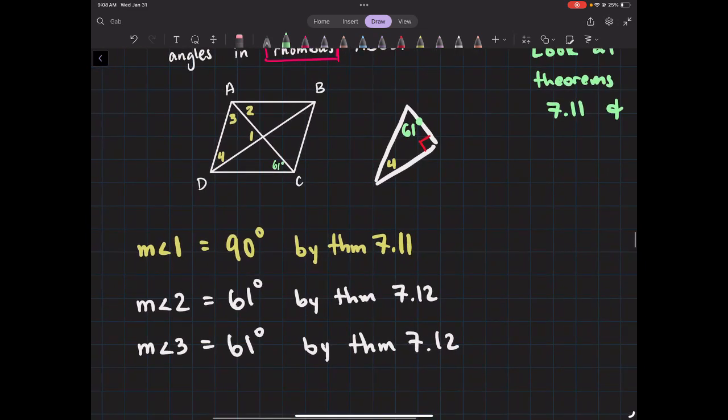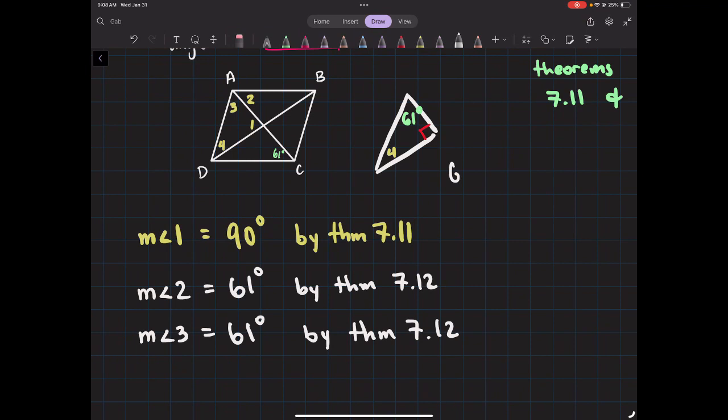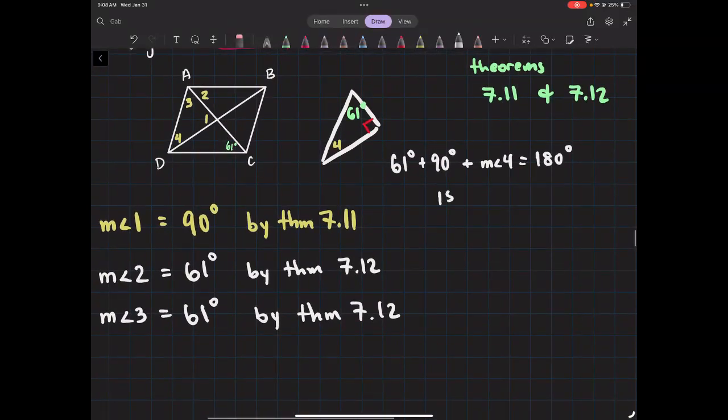And that means you use what you know about a triangle. So properties of a triangle, all the angles in a triangle add up to 180. So you'll do 61 degrees plus 90 plus measure angle 4 equals 180. And if you do all that work, you should end up that measure angle 4 is going to be 29 degrees.